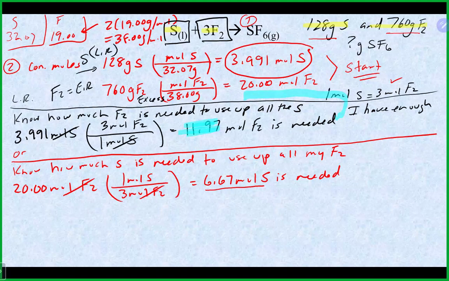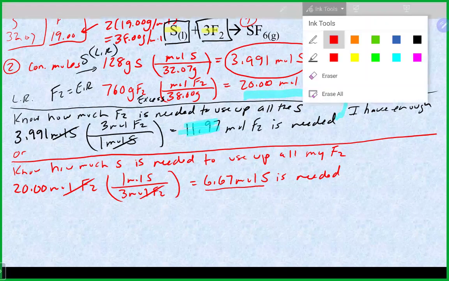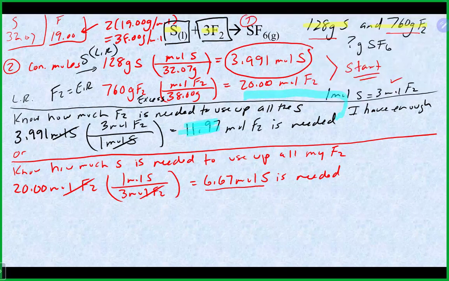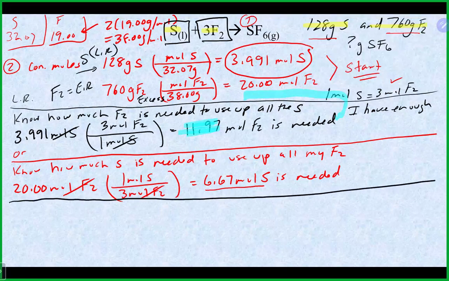Once I have done that and figured out my limiting reagent, I can roll back to my basic stoichiometry steps. Now that I figured out that the sulfur here is my limiting reagent, I'm going to do the actual problem, which is how much product I'm going to produce. So step number 3 is using my limiting reagent.